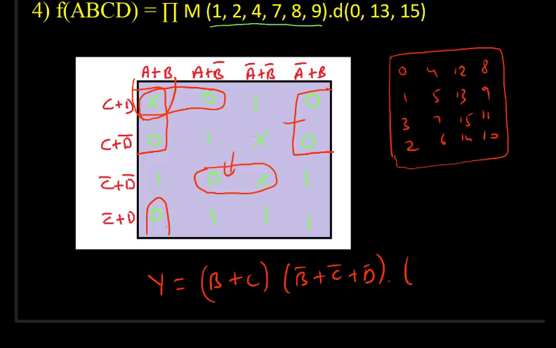Then for this pair, C is changing, so we have A or B or D. Then finally for this pair, B is changing, so we have A or C or D. So this is the final answer.